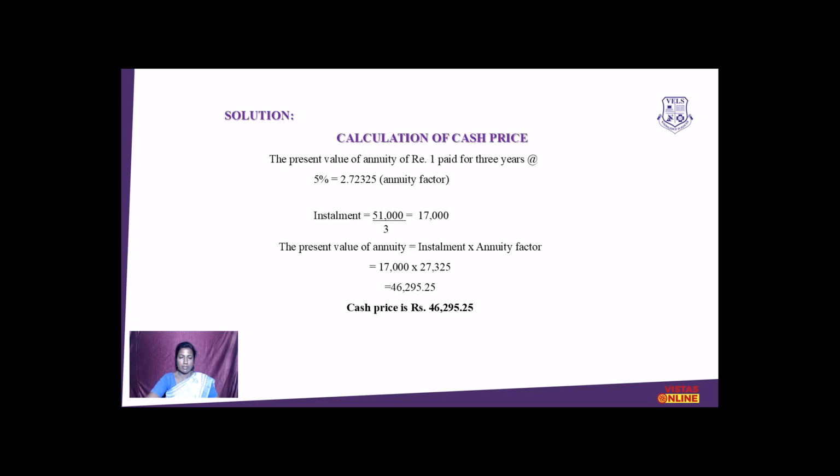Calculation of cash price. The present value of annuity of ₹1 paid for 3 years at 5% is 2.723. Annuity factor. Installment equals 51,000 divided by 3, because it is 3 years, so the value is 17,000. The present value of annuity equals installment into annuity factor, that is the formula.